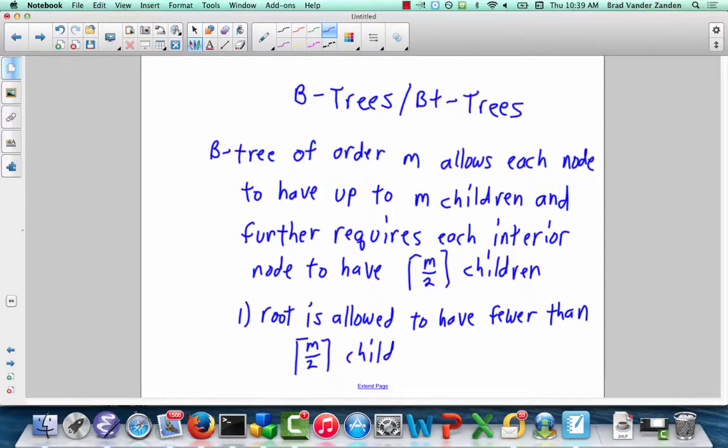That's the one exception. But everyone else has to have a minimum of m divided by 2 children if it's an interior node. Okay, and let's look at an example.